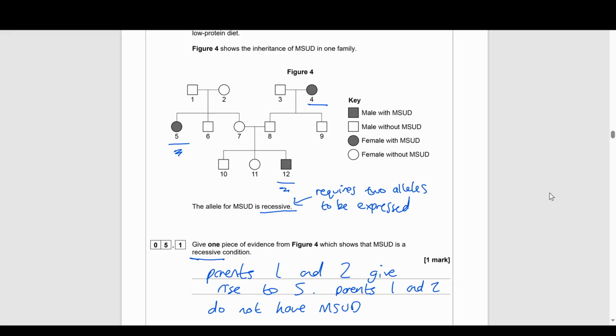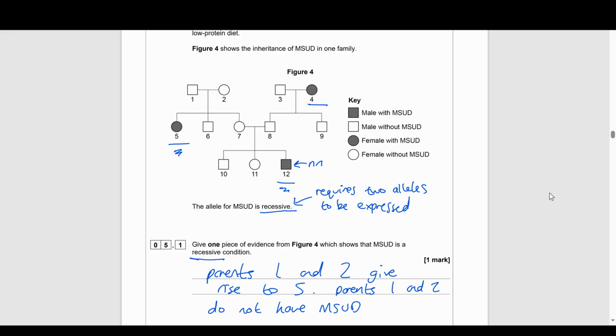So if we're using the letters from 5.2, the genotype of 12 would be lowercase n lowercase n. Remember that genotype is the combination of alleles. Phenotype is the physical expression of this combination of alleles. So with these two lowercase n's, we get this male with MSUD.